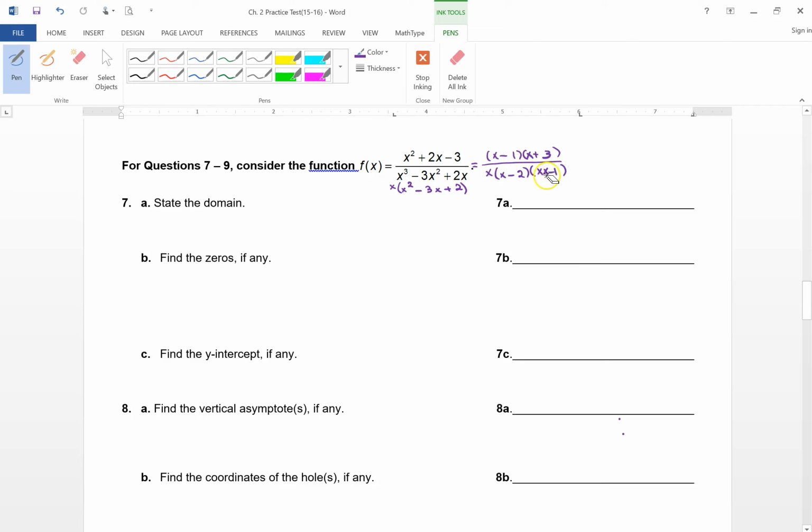So what happens now? The x minus 1's cancel out. What does that mean? There is a hole at x equals 1. Excellent. So the completely factored form of f of x then is x plus 3 over x times x minus 2. There is a hole at x equals 1.